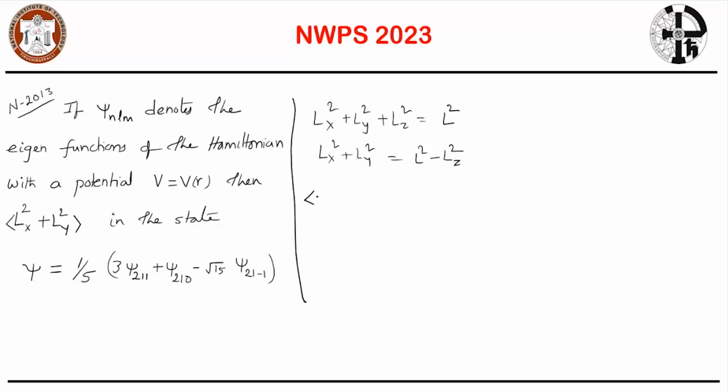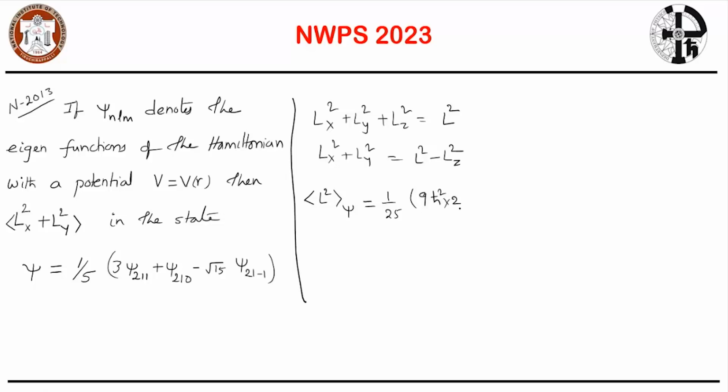First, let us figure out what the L square expectation value is. At this point you should be able to look at it and write it. L square is easy. There is a 1/25, and there are orthonormal states, so 3 and 3 is multiplied, there is a 9 here. Because of L square, there is an h cross square. L into L plus 1 gives you, for the first one, 1 into 1 plus 1, that is 2.